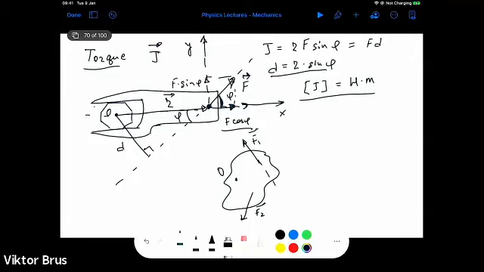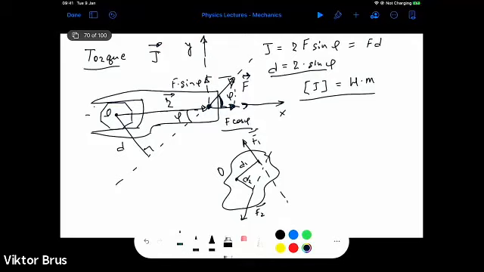Now let us show the lines of action of these forces. And we know that these perpendiculars from the axis of rotation to the lines of action of forces will give us the moment arm. So it will be D1, it will be D2.